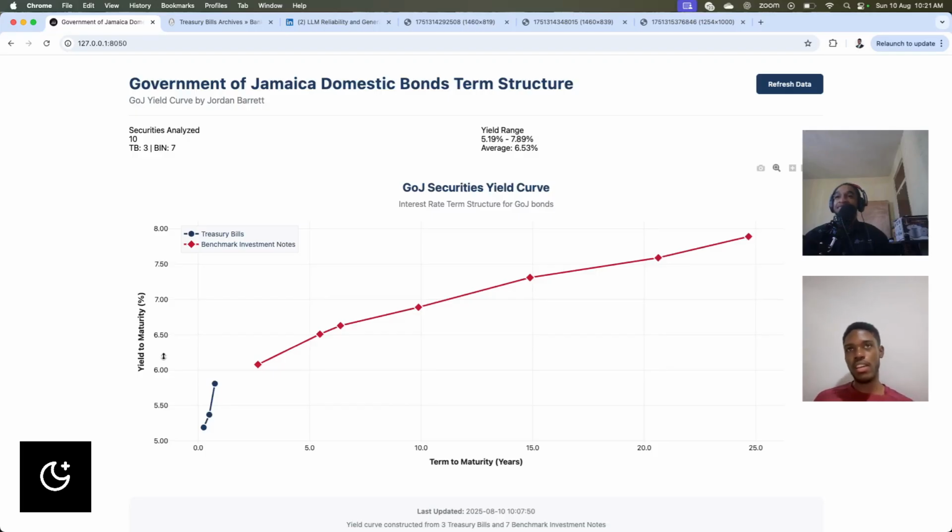If you're doing some kind of modeling to value equities or real estate, the cost of capital you typically use would be the government bond prices, because that's supposed to be the floor, the safest investment that you're comparing against.